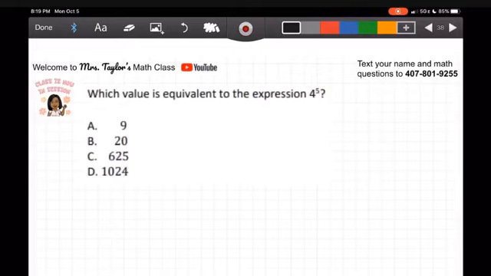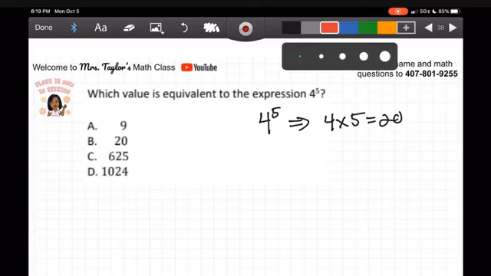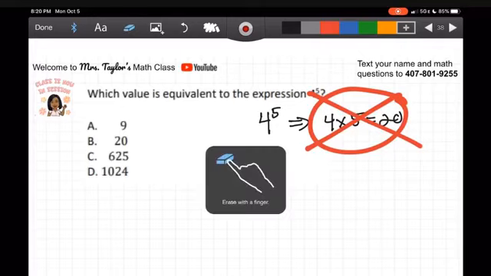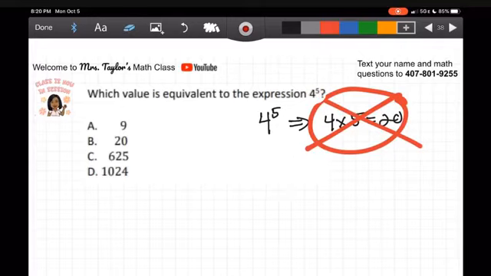Let me tell you, the most commonly selected answer is going to be this 20. But that's not going to be right. Because some people think that 4 to the 5th power equals 4 times 5, which is 20. And let's go ahead and put a big old nope, that's not what it means.